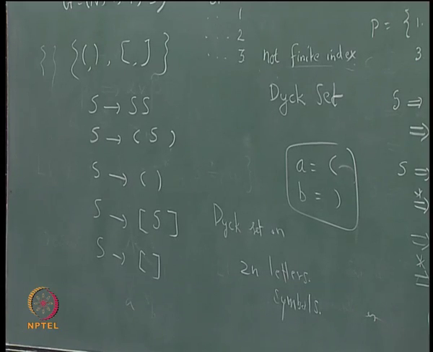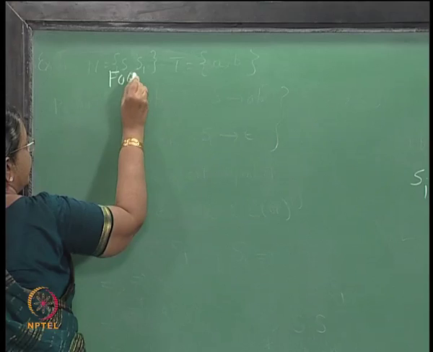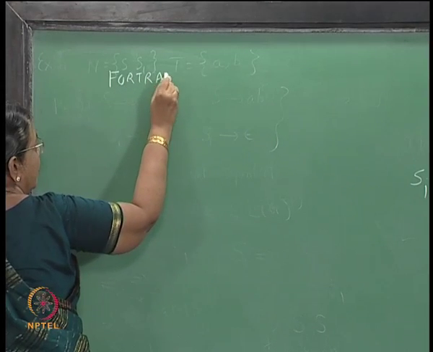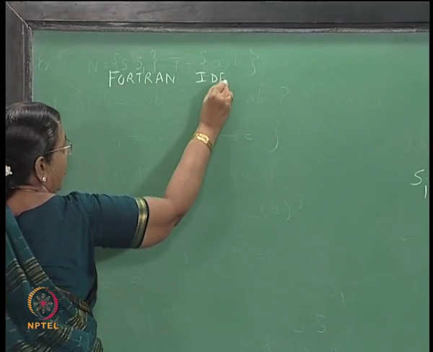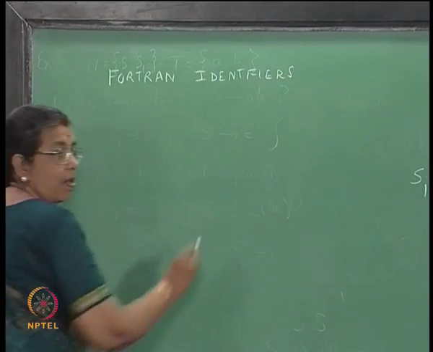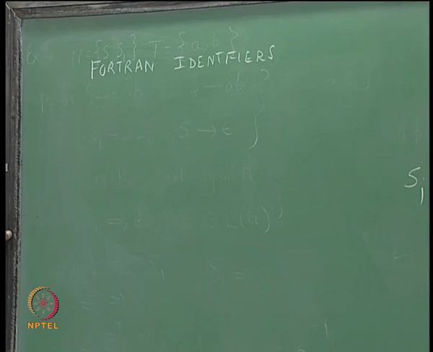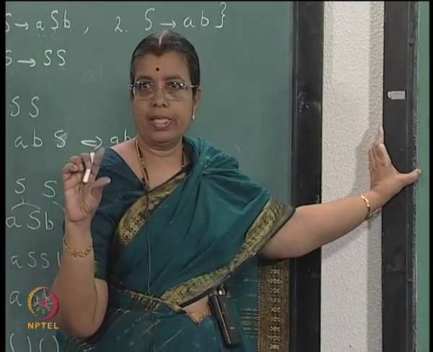Consider a grammar which will generate Fortran identifiers. What is the structure of a Fortran identifier? It can have up to 6 symbols.